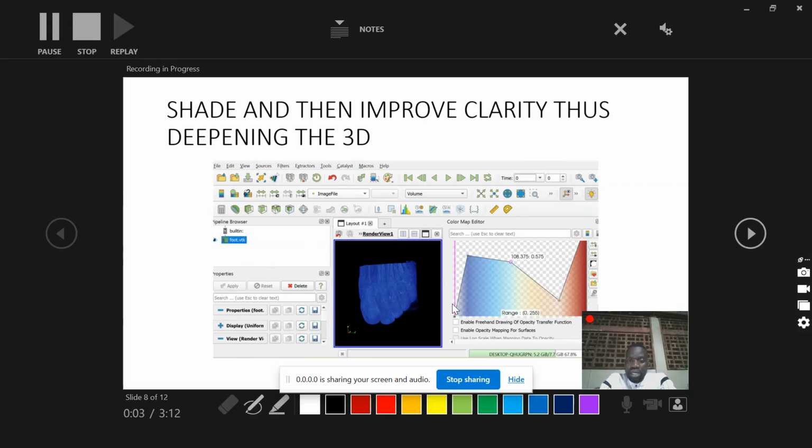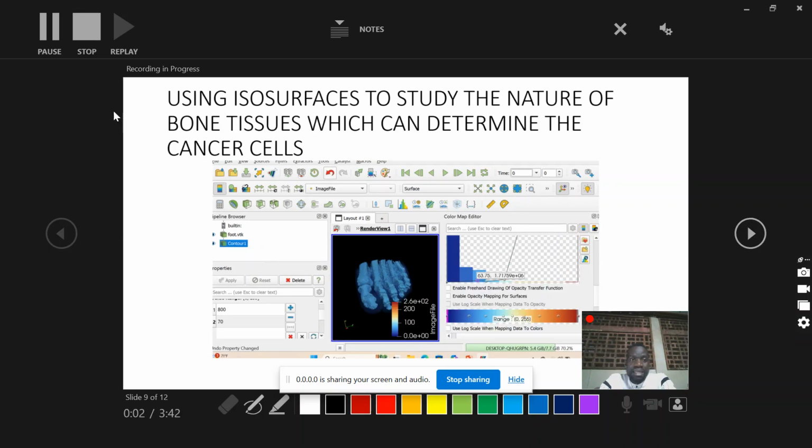So when I increase the color intensity, and play with the colors, I can get the skin, the nature of the foot, and then I can apply ISO surfaces.